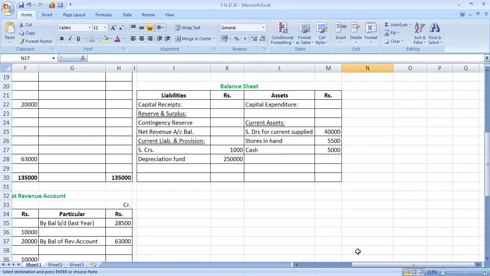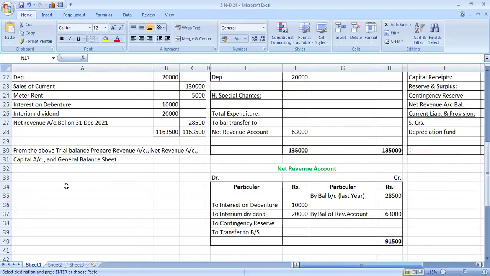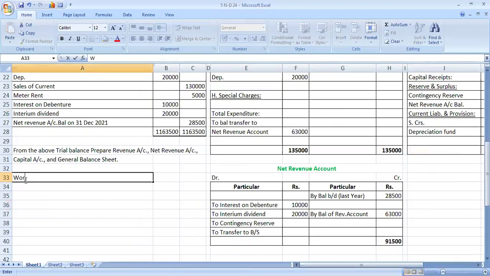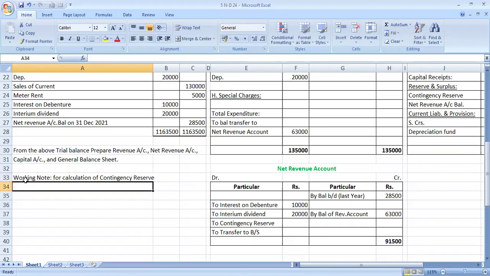Now I am taking the working note part. Working note for calculation of contingency reserve. Half percent, that means 0.5%, on capital expenditure.